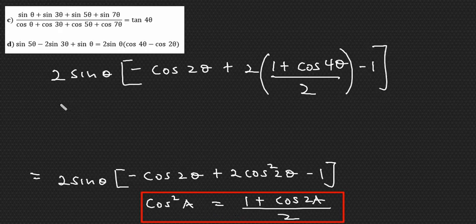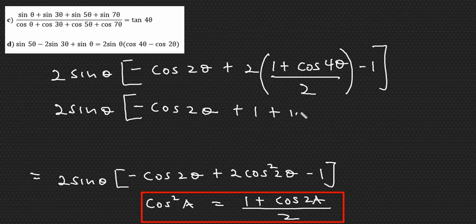So this is going to be 2 sine theta, then minus cos 2 theta. Now this 2 cancels this 2, so we shall be having 1 plus cos 4 theta, then minus 1. And now this 1 cancels this.